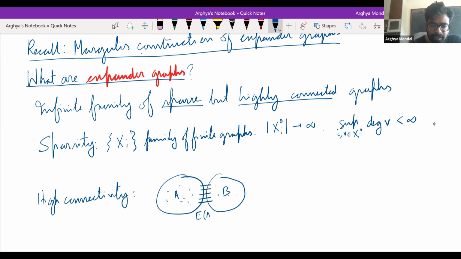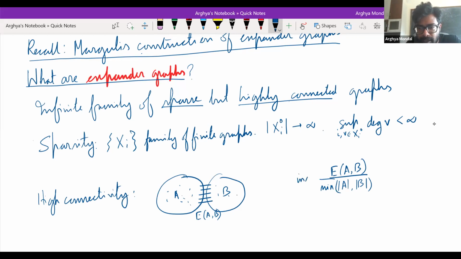Let's call the set of edges connecting them AB, and I look at the ratio of the number of edges in AB by the number of vertices in A and the number of vertices in B, and I take the minimum of that. So this ratio basically tells you how difficult it is to cut the graph into two more or less equal parts.